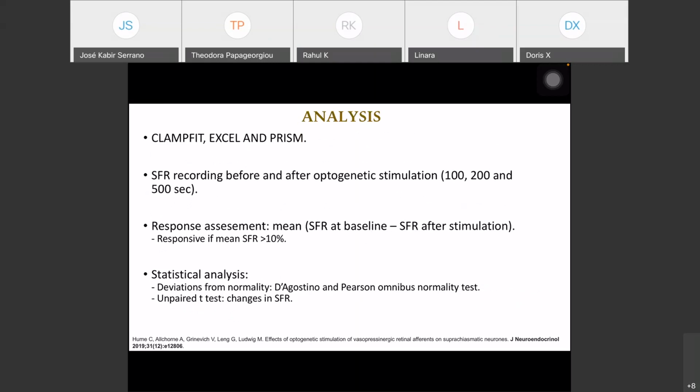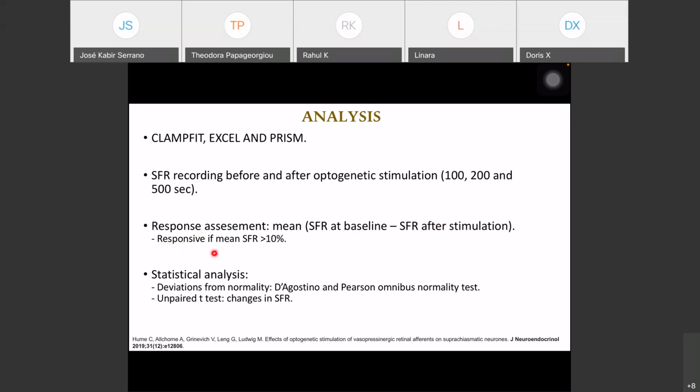For the analysis, they used three software programs: Clampfit, Excel, and Prism. The spontaneous firing rate before and after stimulation was recorded during 100, 200, and 500 seconds. For the response assessment, they measured the mean of the spontaneous firing rate at baseline and after the stimulation.